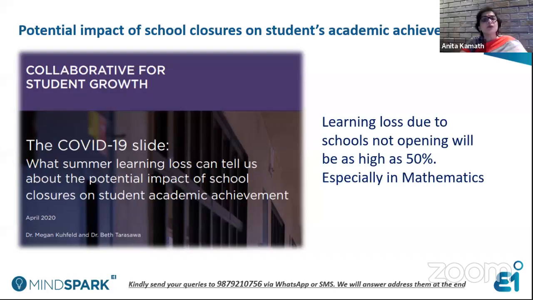But we can't sit quiet and not help our students to learn. So what is your suggestion, or what is your take on this? My take is very simple. Even a learning gap of 6 months or 1 year can be very, very damaging for the children.